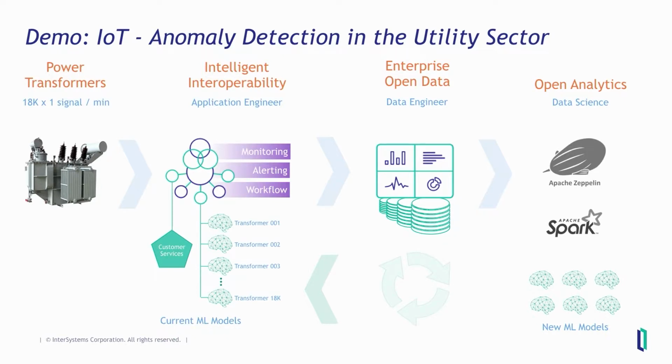And after I'm done analyzing this signal, I will store it on an IRIS archive database. And that's where Spark kicks in. Spark will access that archive database, and we will look at all the data and upgrade and improve our machine learning models. And new PMML models will be generated and fed into the service layer.